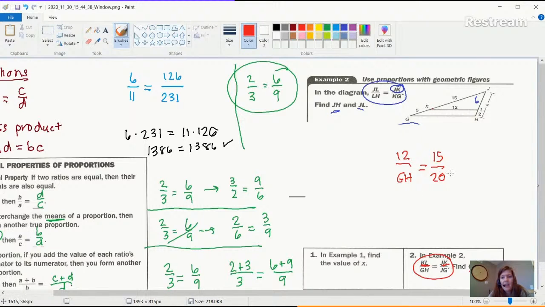So if I cross multiply, I get 15 times GH equals 20 times 12. Then divide both sides by 15, and we end up with GH equals 16. Much better, right? We know that GH has to be bigger than 12. There's no way GH could have been 5 or 4. That wouldn't have worked. So that's 6.2 in a nutshell.